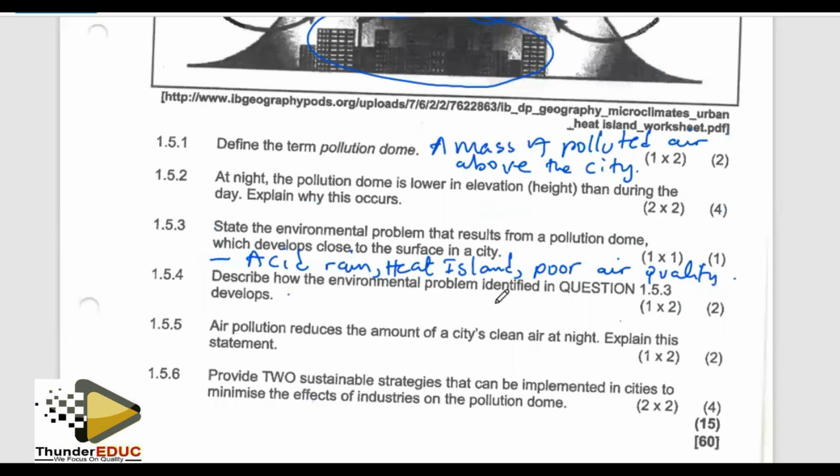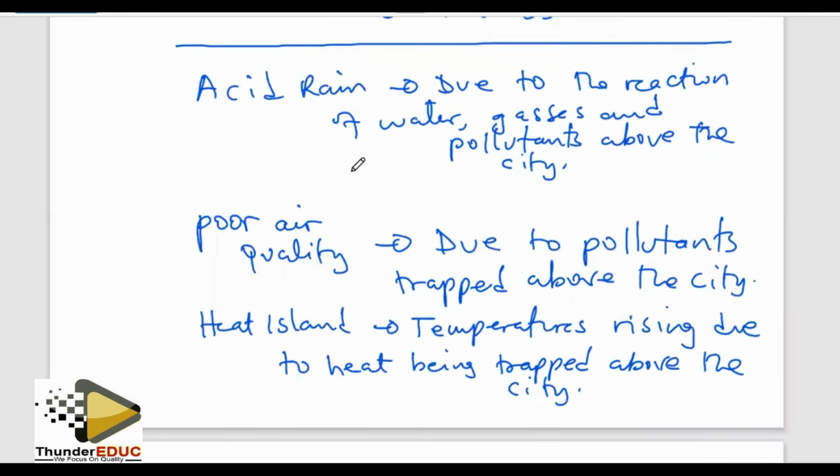1.5.5, air pollution reduces the amount of a city's clean air at night. Explain this statement.